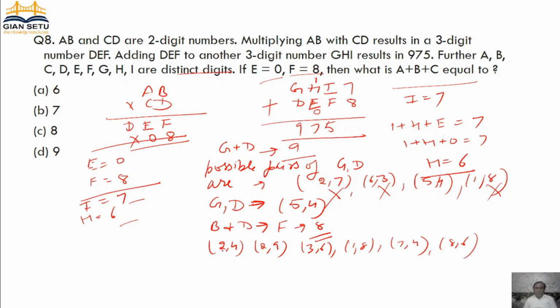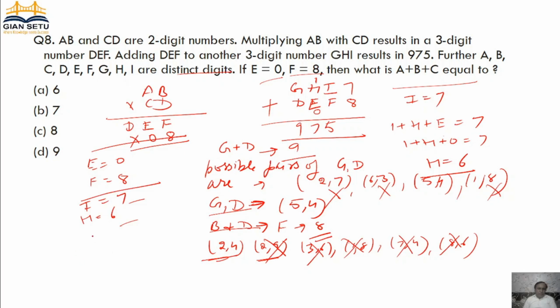Now we cannot have several of these pairs. So B and D is a pair which has one of these numbers in common. So the only possible pair is 2, 4. So we must have B and D as 2 or 4.